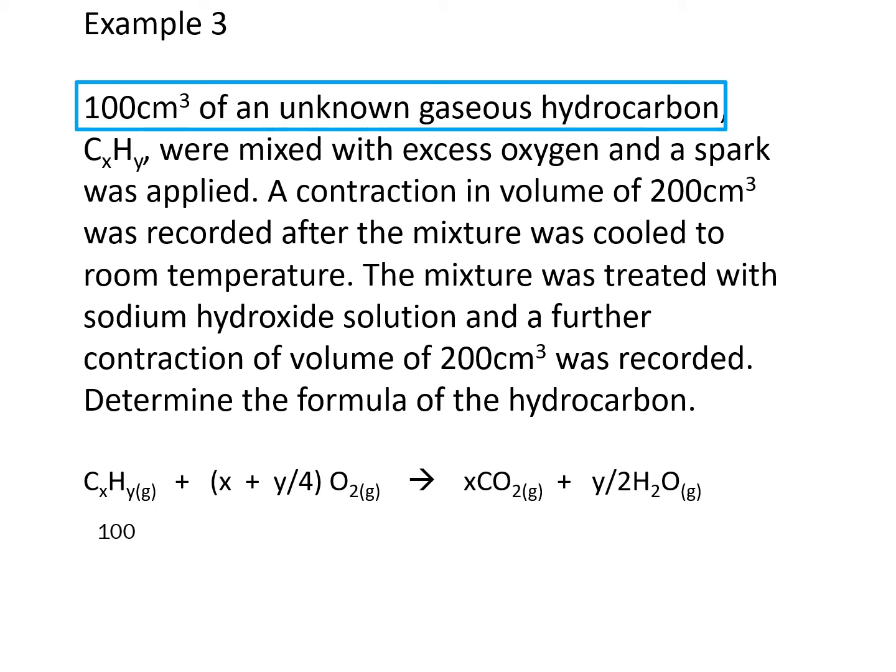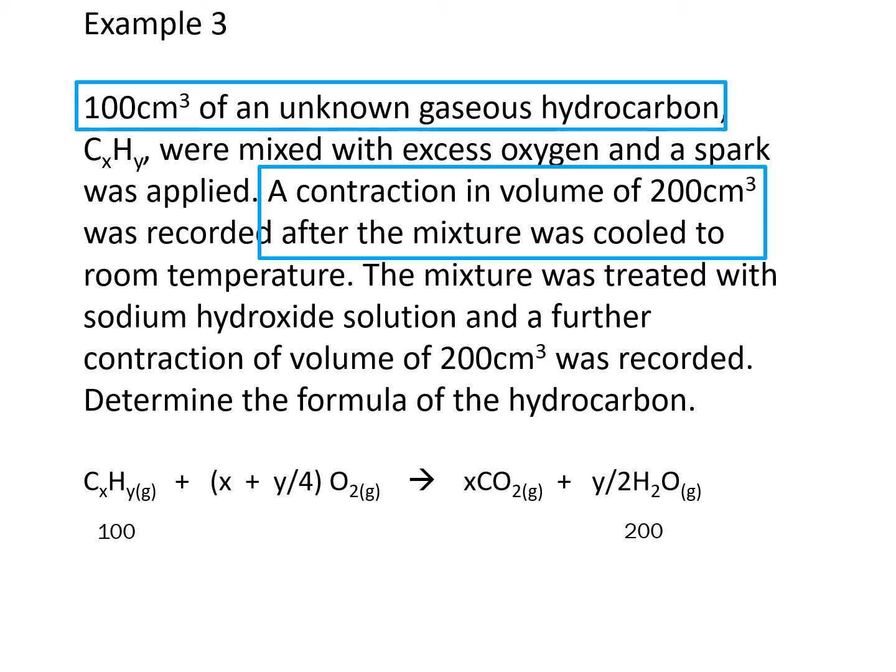A contraction in volume, so a reduction in volume of 200 centimetres cubed was recorded after the mixture was cooled to room temperature. This should be sparking a light bulb in your head that the water vapor has condensed at room temperature, and it's told you the volume that it used to be. So in this experiment, there was 200 centimetres cubed of water vapor.